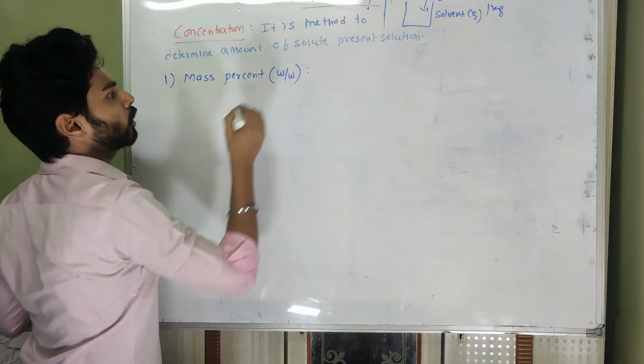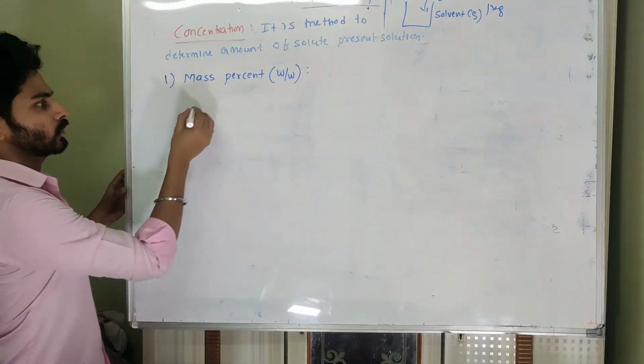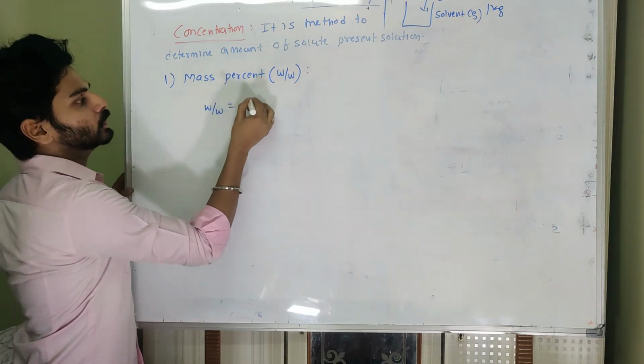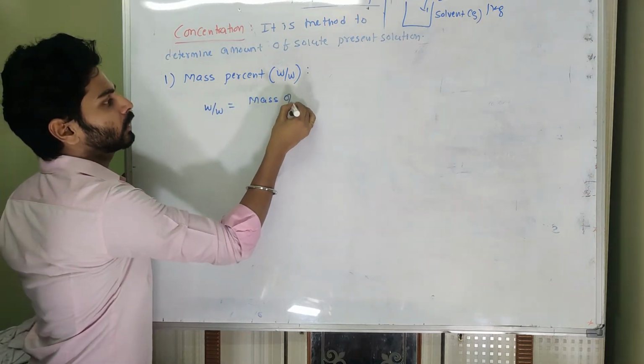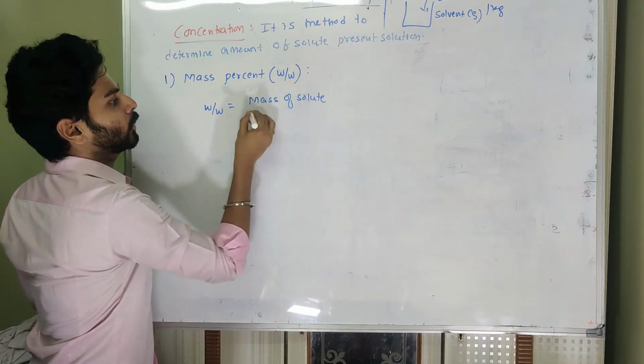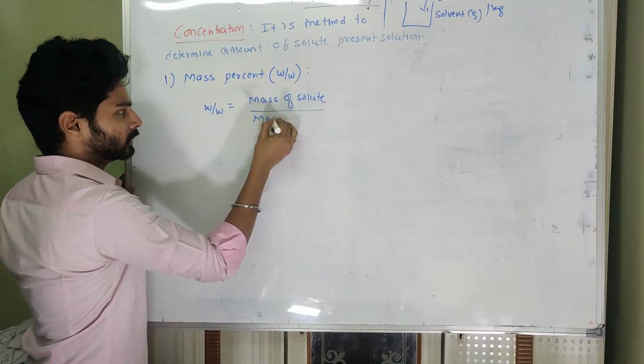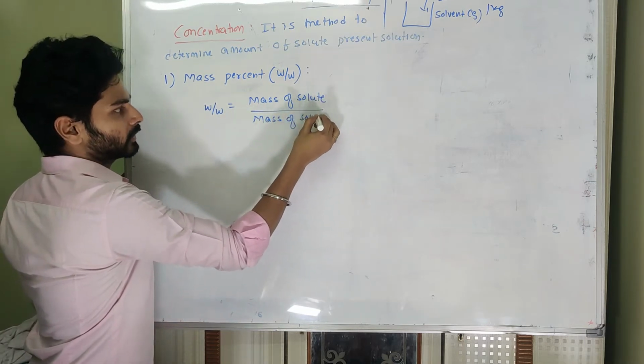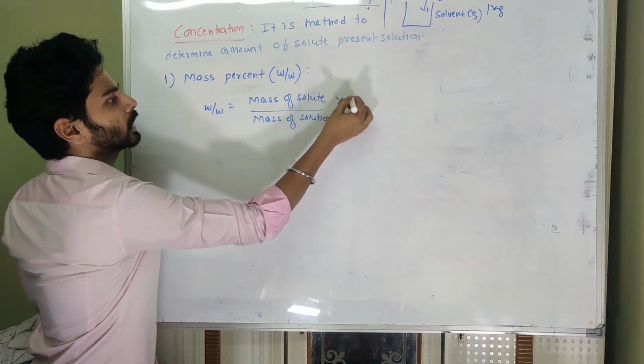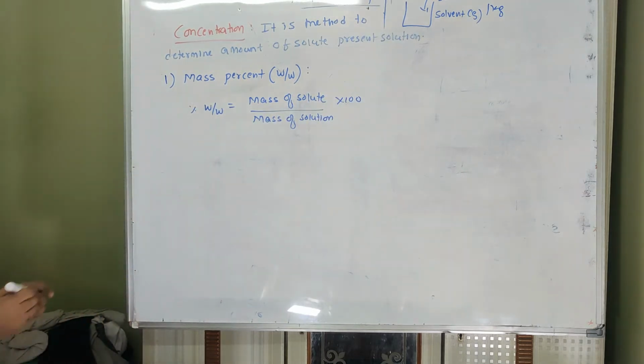Then we can go for mass percent. So mass percent is equal to mass of solute upon mass of solution into 100, because this is percentage, we have to multiply with 100.